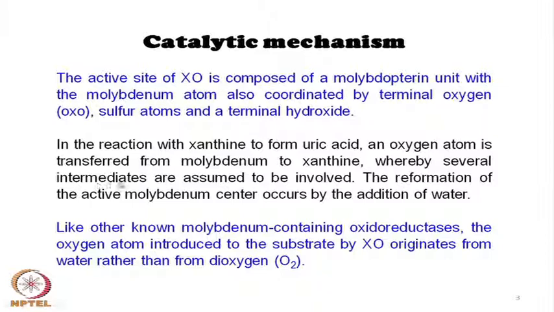So, we can take the help of the spectroscopic techniques. Among the 3 oxidation states involved, +6, +5 and +4, some of them, particularly molybdenum 5, is well established by its corresponding EPR signals.